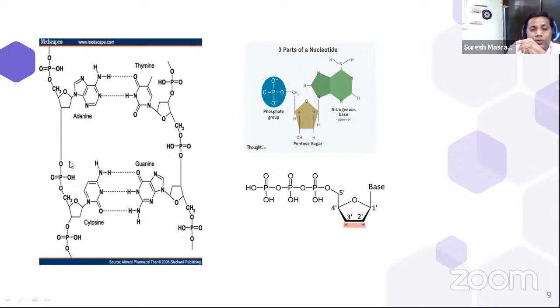That hydroxyl group then attaches with the phosphate group, and thus the phosphodiester bond is formed here.